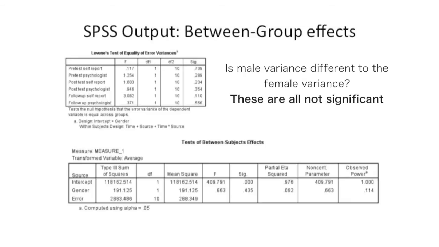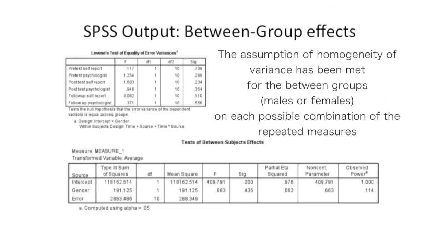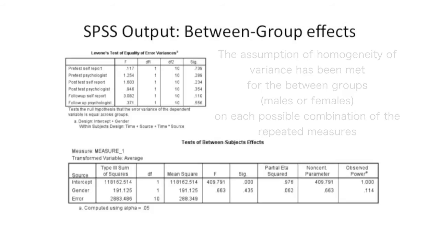And as you can see, they're all not significant. So luckily, the assumption of homogeneity of variance has been met for the between groups, males and females, on each possible combination of the repeated measures variables. Now, ANOVA is not particularly sensitive to violations of equal variances when the samples are relatively moderate to large and of equal numbers.